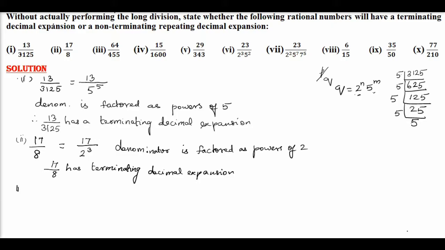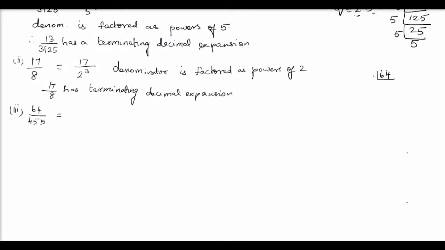Third subdivision, we'll move on to third subdivision 64 by 455. Now let's factorize both the numerator as well as the denominator. Numerator is 64. When you factorize it by 2, you get it to be 32. Again factorize it 16. Factorize it 8. Factorize it 4.